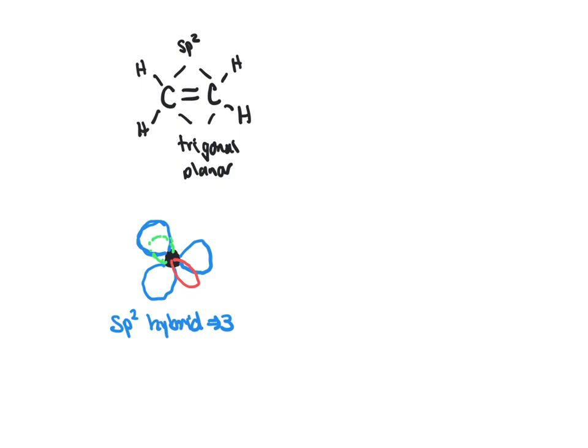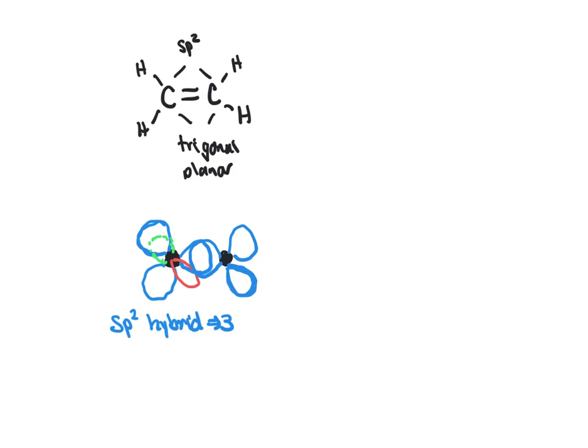The other carbon atom has a similar configuration because it's also sp2 hybridized. So if this is my other carbon nucleus, then I have an sp2 hybrid that's here, one that's out here, and one that's out here.